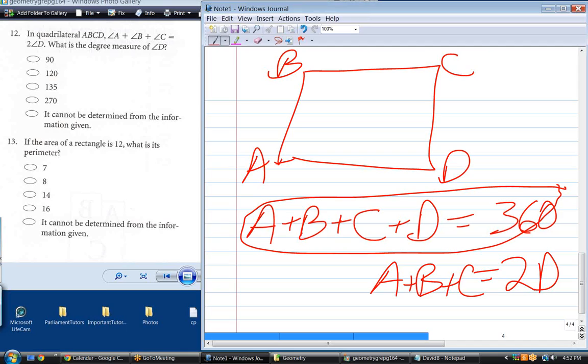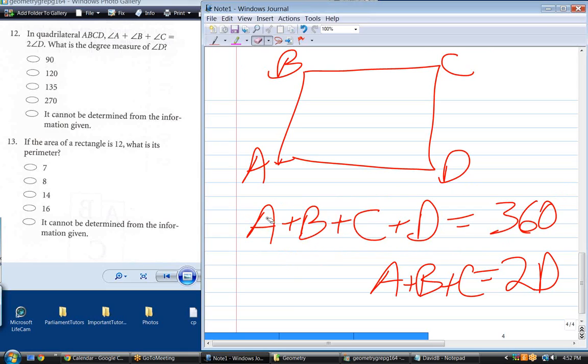Let's leave it in these variables. Let's not introduce any new variables. We got these two equations.